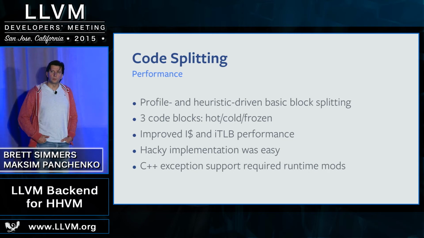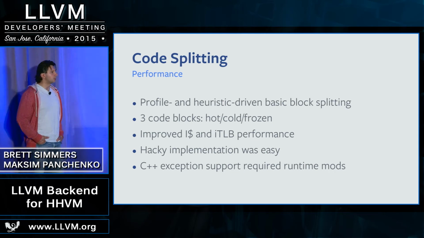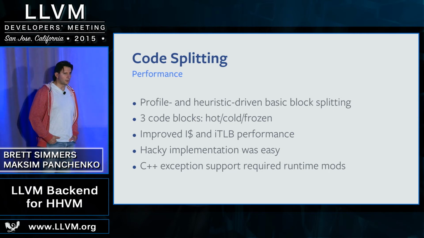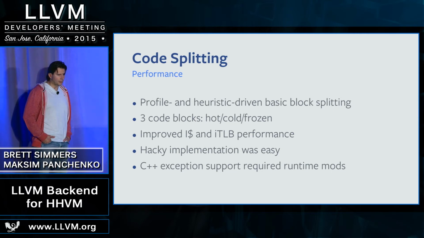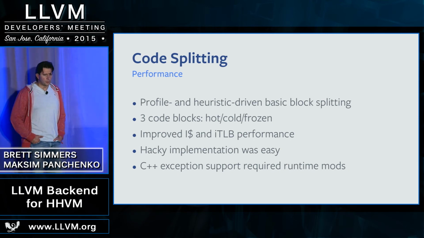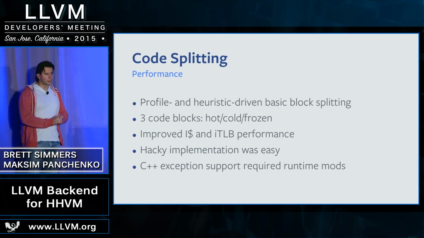The main code block, where most frequently executed code goes to, cold code contained blocks that were executed less than 20% of the time, and completely frozen code, which is mostly error handling, exception handling, code that we didn't expect to execute at all. The effect of this optimization of code splitting is mainly on instruction cache and also on instruction TLB.